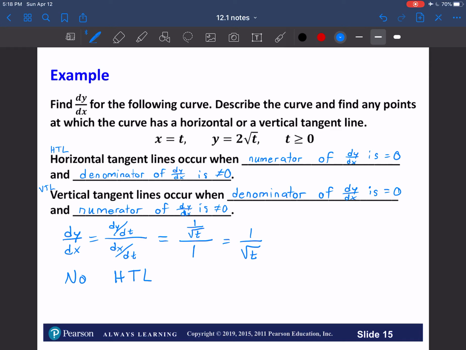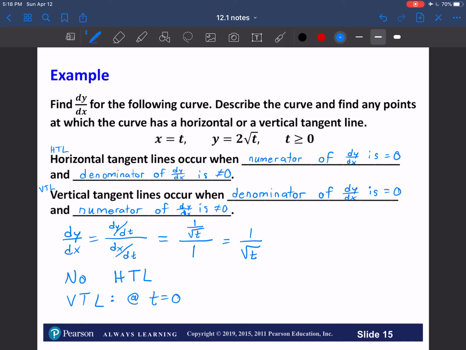However, at t equals 0, the denominator is equal to 0, and the numerator is not equal to 0. So we actually do satisfy both criteria for the vertical tangent line at t equals 0. So a vertical tangent line occurs at t equals 0.